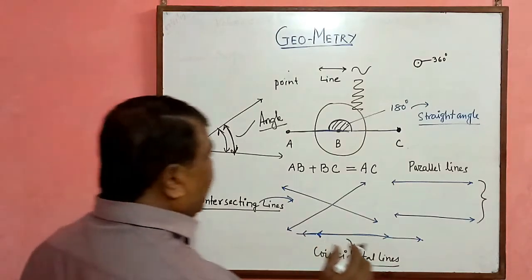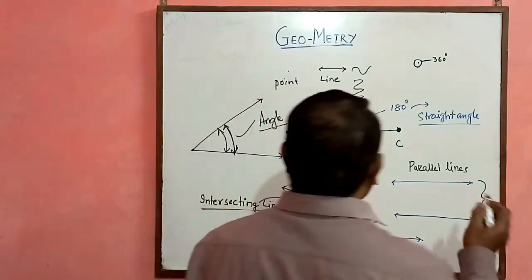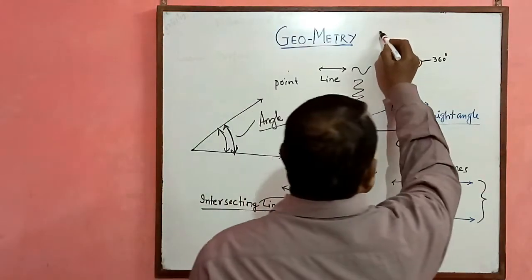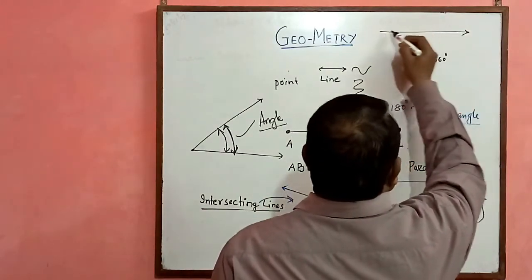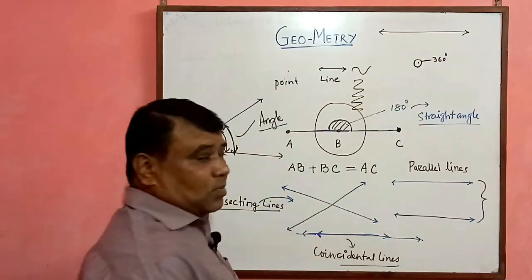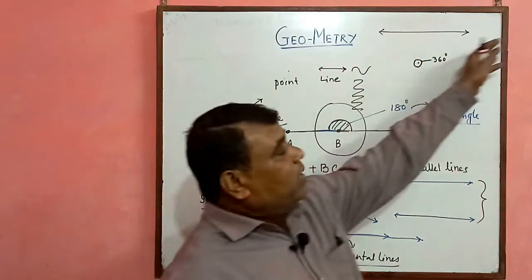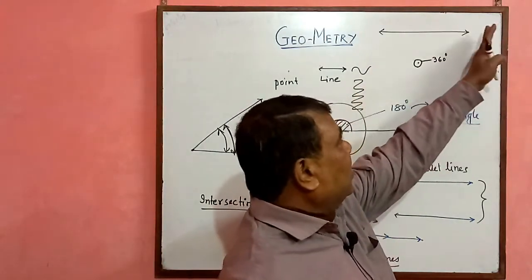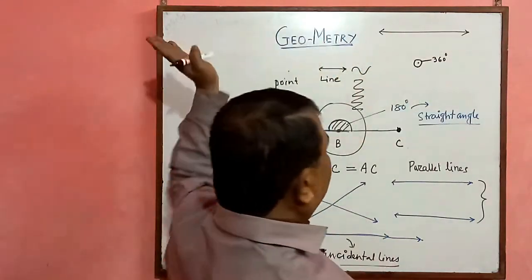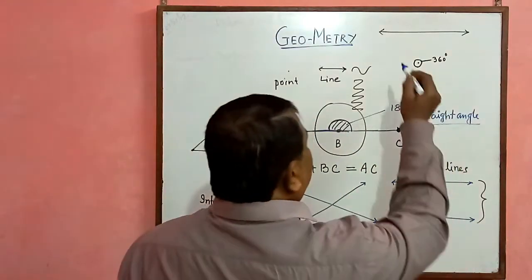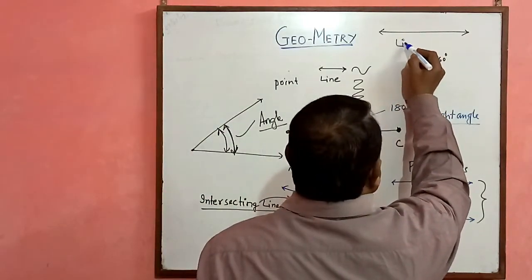Here is another concept. If no ends are there, and infinitely this is moving in this direction, and opposite to this it is again moving up to infinity, then it is a line.